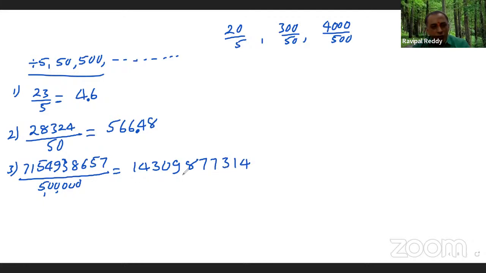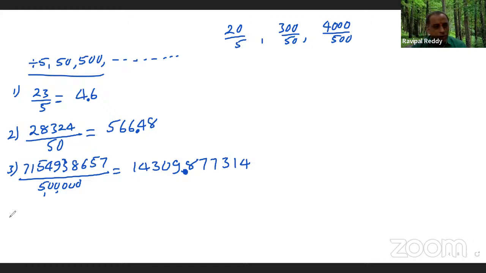Put a point after 6 digits. Very good, Muhammad. Your answer is right: 14,309.877314. That is the specialty of Vedic math.